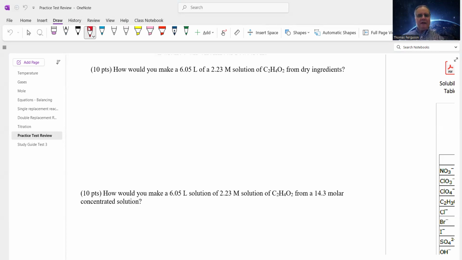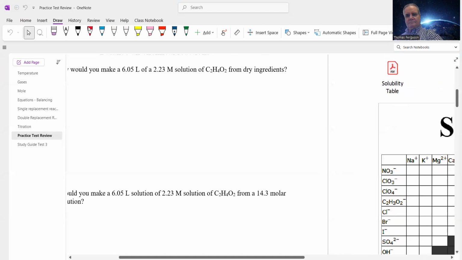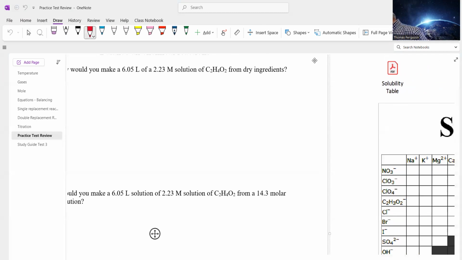Okay, so how would you make 6 liters of 2.23 molar solution of C2H4O2, which is acetic acid, from dry ingredients? First thing we need to do is calculate the molar mass of the acetic acid. So we've got 2 C's, those are 12.01 a piece, so that's 24.02.